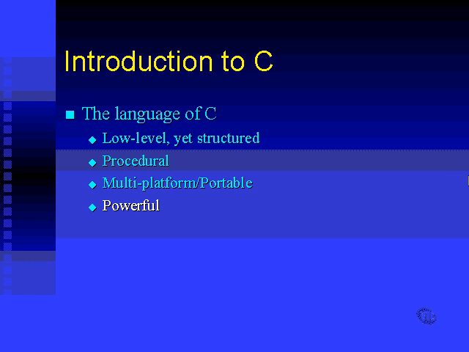C allows you to do it and doesn't really complain, and seldom even advises you that what you're doing is stupid. Now, many people see this as a problem in C, and truthfully, it is a problem. It is a problem for people that don't understand the language of C very well, or understand programming concepts very well, or understand the machine that they're working on very well. These people can get into trouble.